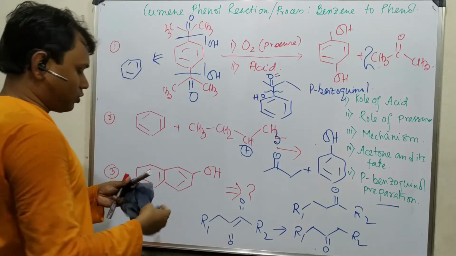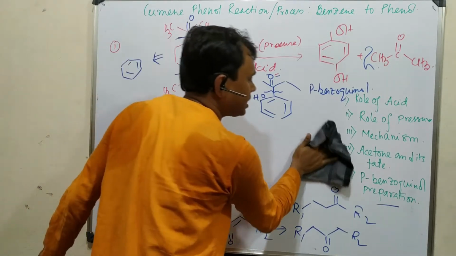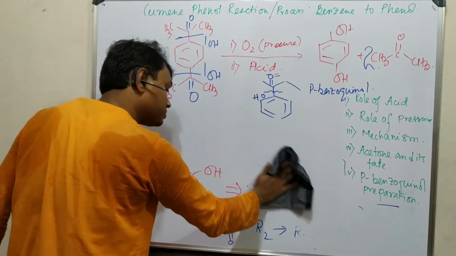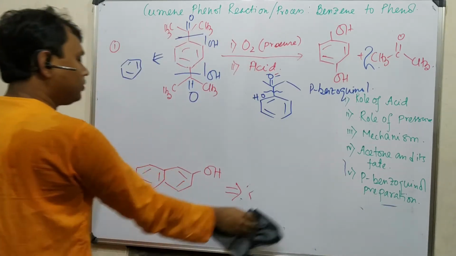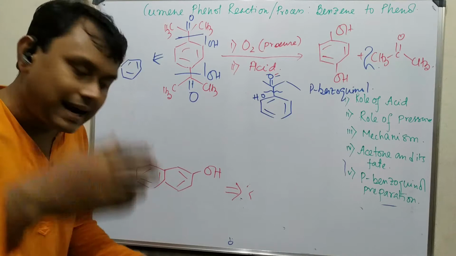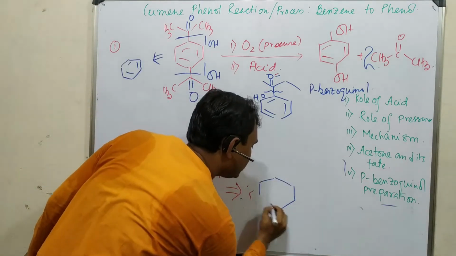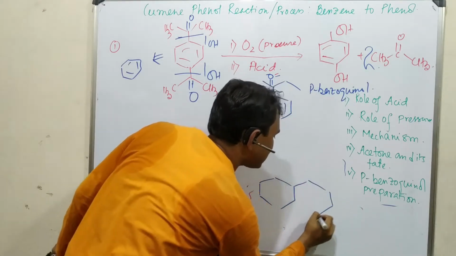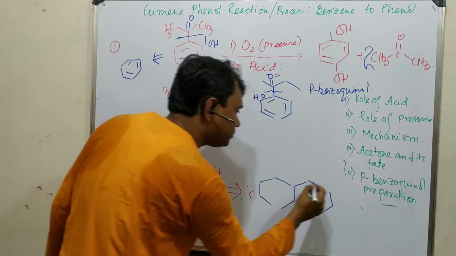So based on this concept, can you propose the synthesis of beta-naphthol using this Cumene Phenol process? Actually, we can propose. So how? We know that if we go in the backward direction, this is produced from the corresponding isopropyl derivative. As I told, try to follow this trick. So what will be the thing?